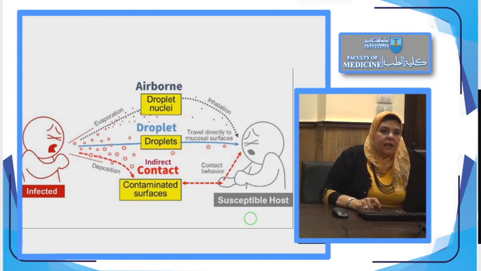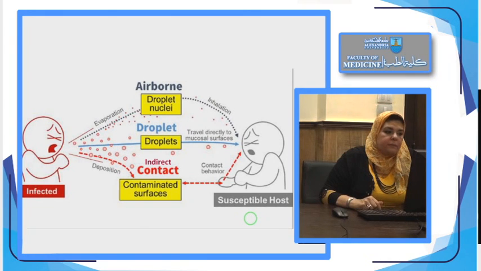Let us see how influenza is transmitted. If we have an infected person, the droplets will come out from the respiratory orifices. According to the size of the droplet, we have the small sized droplet, medium sized droplet, and large sized droplet.